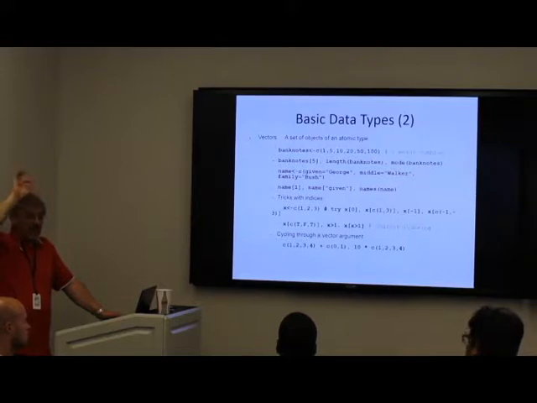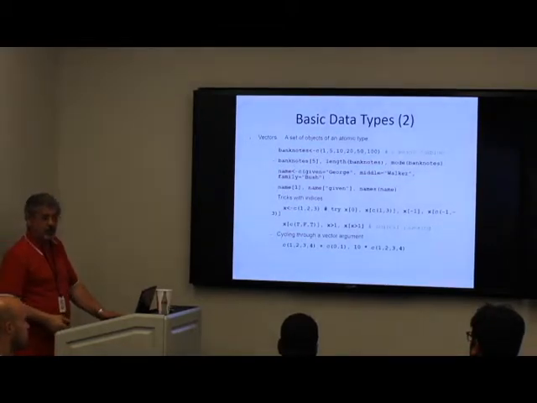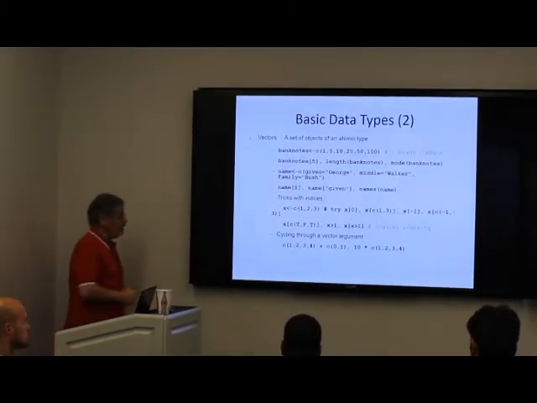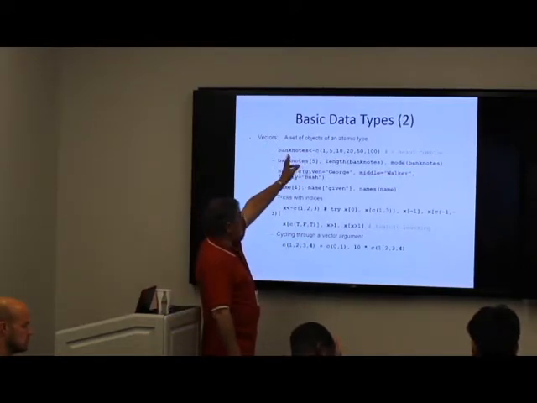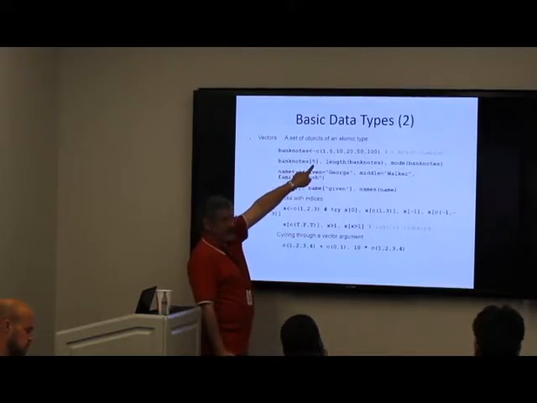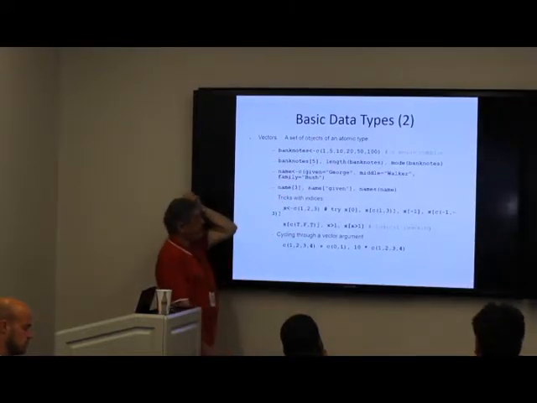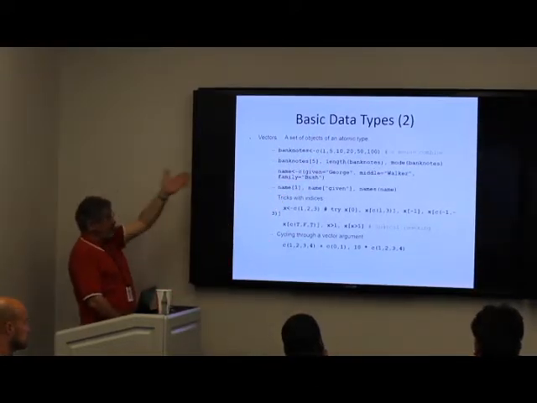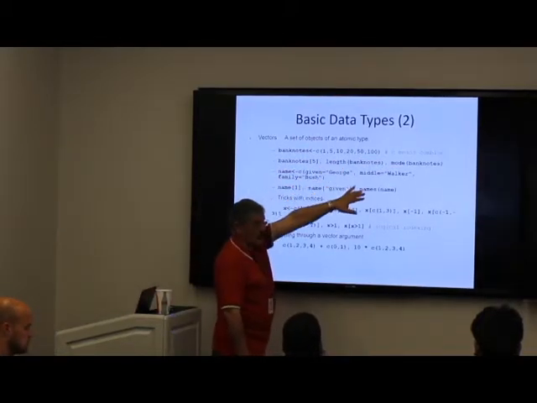That's important. In R, the first index is 1. It starts with 1. There's no 0. So if I want to know number 5, what would that be? 50. Exactly. Then you want to know the length of banknotes or the mode.